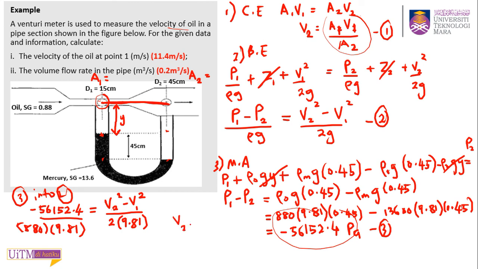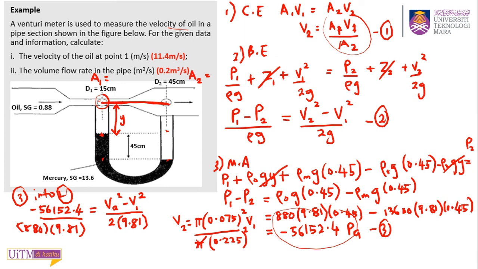So V2 equals pi times A1, A1 is 15 divided by 2, 7.5, so this will be 0.075 squared, divided by pi times 45 divided by 2, 22.5, 0.225, squared, V1.